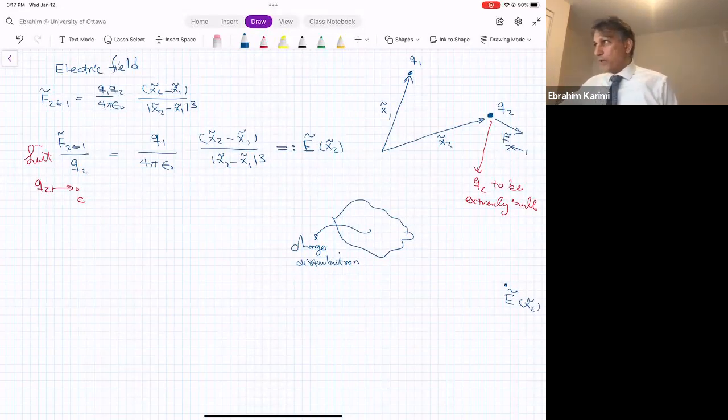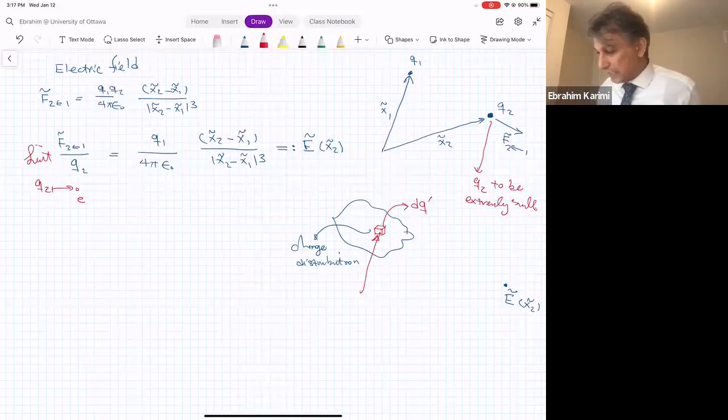Beautiful. So if I go with the charge distribution and I want to understand what is going on with the electric field here, I should quantize this into a very small element. I will call this small element having a charge of dq prime, the charge associated with that element.